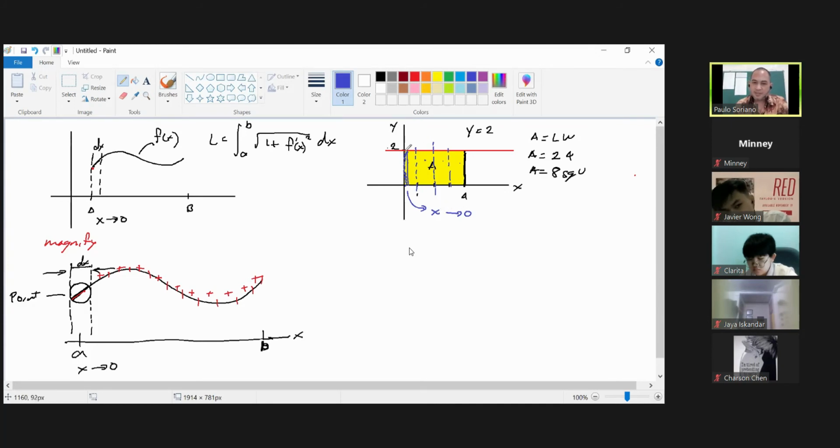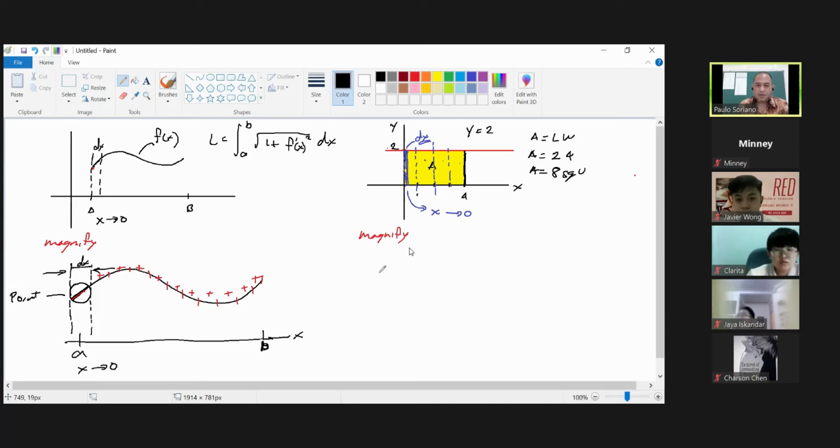That means this part, I am trying to get a width of dx. I want to get a dx out of that because I'm getting it closer to 0, derivative in x. So if we magnify that again, what will I get?